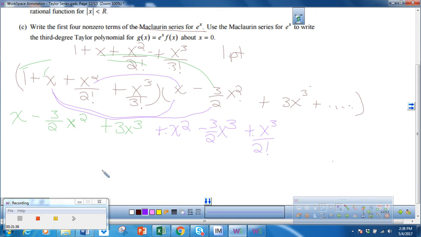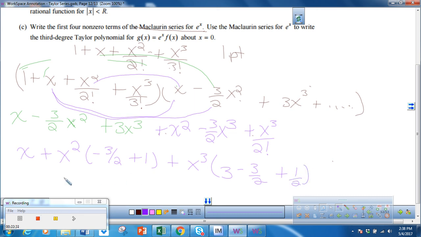And if you simplify this, and remember, so this is x, and then I can pull out an x squared and have negative 3 halves plus 1. And then I can pull out an x cubed and have 3 minus 3 halves plus 1 half.